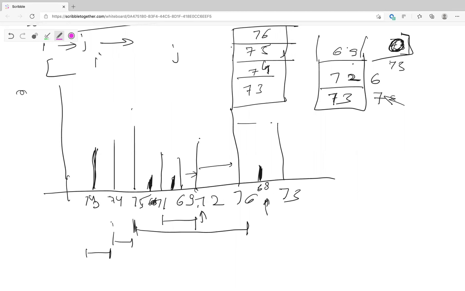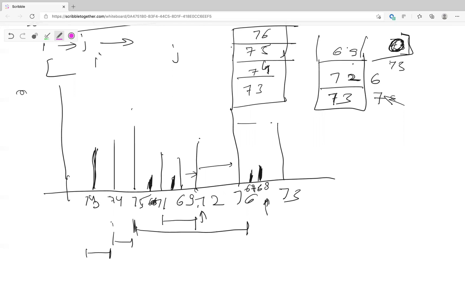Sorry to interrupt you, but you mentioned when 68 can be useful. 68 will be useful if there is a number right between the 76 and 68, and that has to be lower than 68.